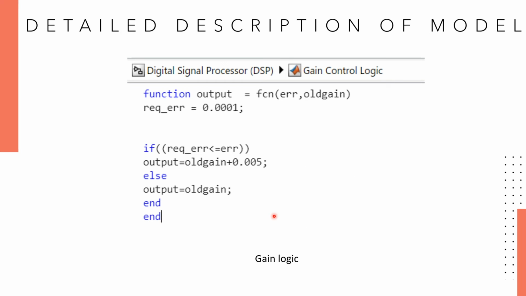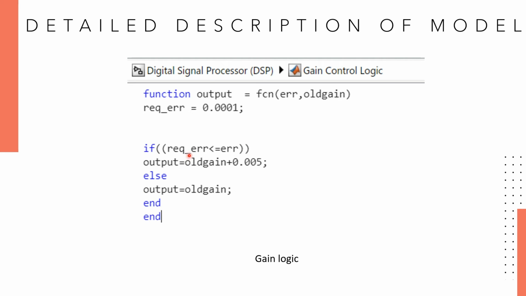Now let's see what is the algorithm behind gain control logic. In gain control logic, we have set one required error, which is the error we desire. So what we do here is, if the error which we get is greater than our required error, we keep on increasing the gain in steps of 0.005.